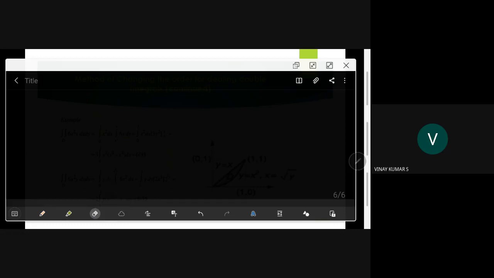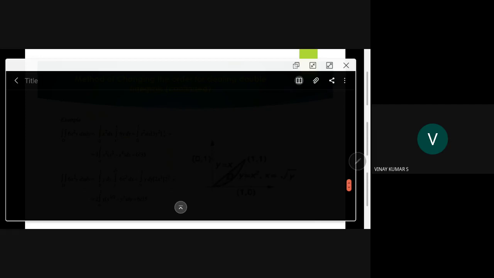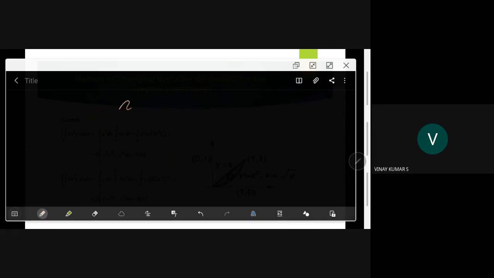I'll work it out again, because if I explain from the same note, it's not right. See here, what is given? First the integrand, which is 6x square y.